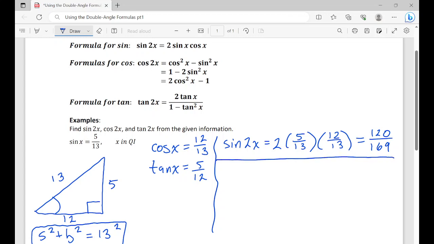Now, cosine 2x, we have a couple different choices. You can use any of these three to get the answer. I'm going to use the first one for no reason other than just it's first. So cosine squared x is just going to be 12 over 13 squared minus sine squared x, which is just 5 over 13 squared.